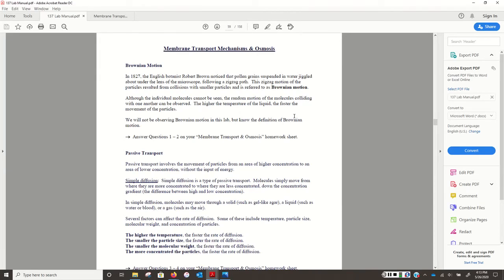That became known as Brownian motion because Robert Brown discovered it. Most of what we're talking about when we're talking about particles in solution are way too small to be seen. We may be talking about glucose, or sodium or potassium or something like that. These are way too small to be seen. But pollen, we can see that, and it behaves pretty much the same way.